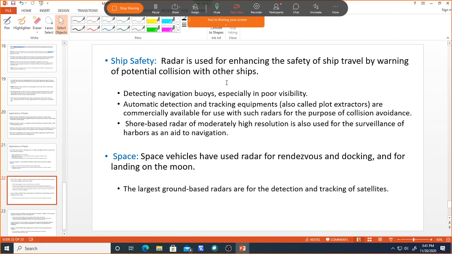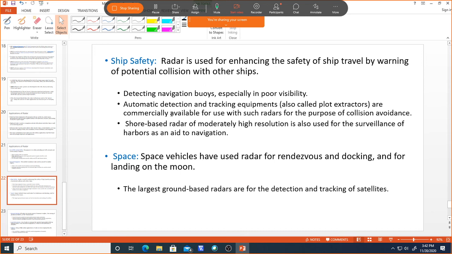Because of bad weather conditions, the safety of ships used in naval systems needs to be taken care of very carefully. So even in fog, mist or heavy rain, these radars can detect other obstacles, so we can move safely and protect our ships.